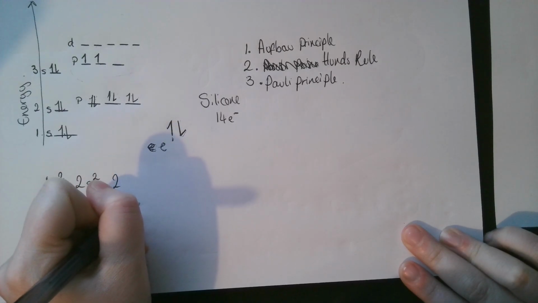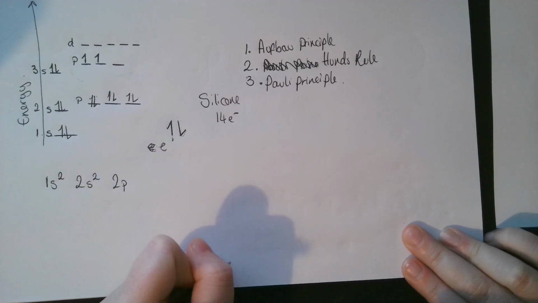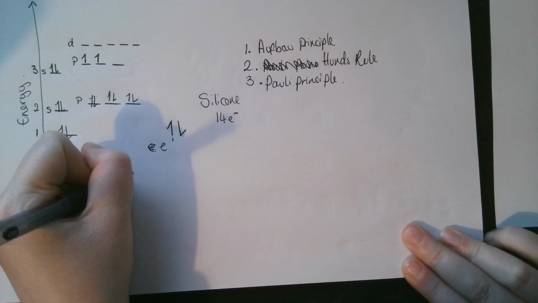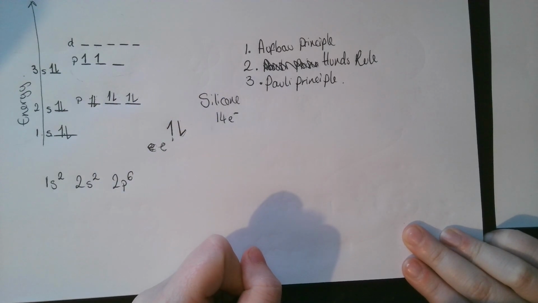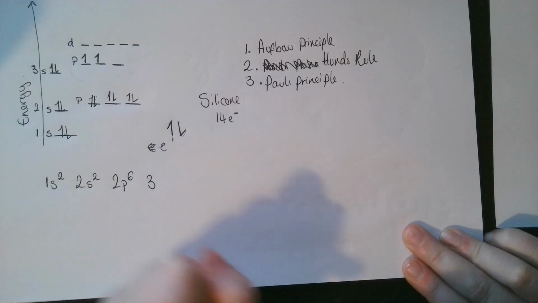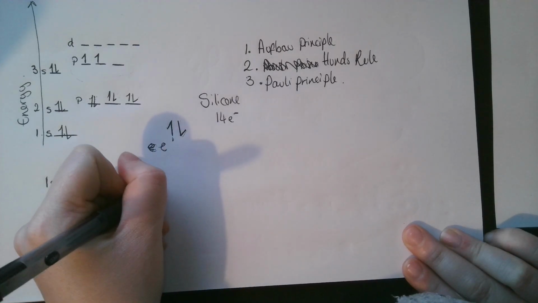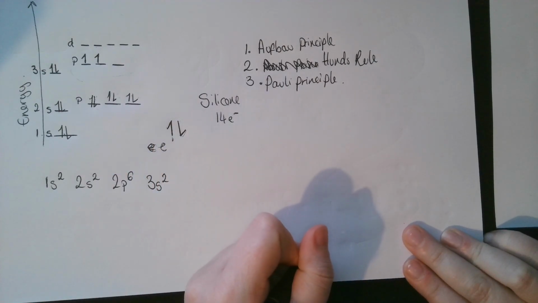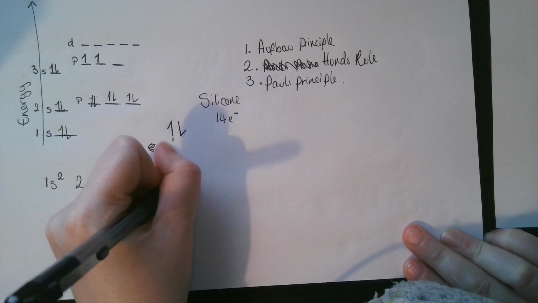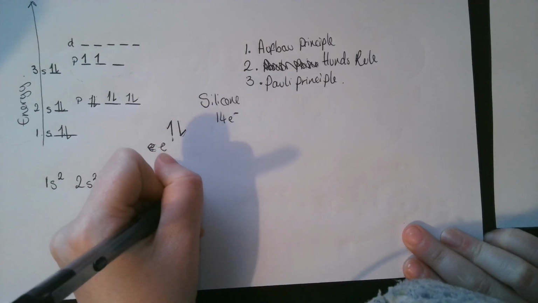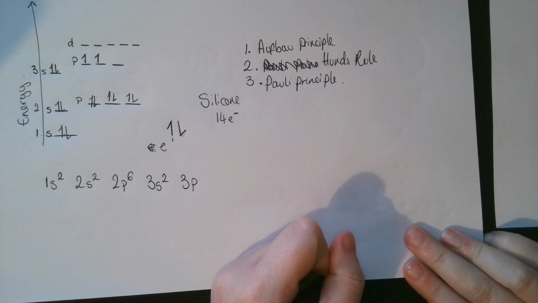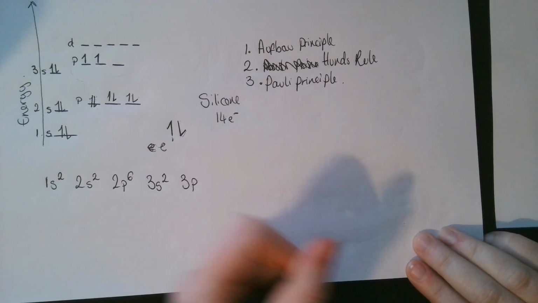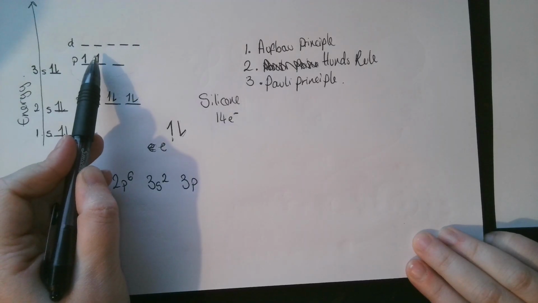In the second shell, in the P subshell, we have 6 electrons. In the third shell, the S subshell, we have 2 electrons. In the third shell, in the P subshell, we have 1, 2.